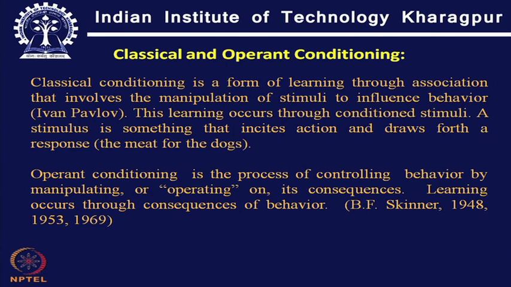This learning occurs through conditioned stimuli. A stimulus is something that incites action and draws forth the response. So, there are two terms over here: the stimuli is manipulated to influence a behavior, and learning occurs through conditioned stimuli.